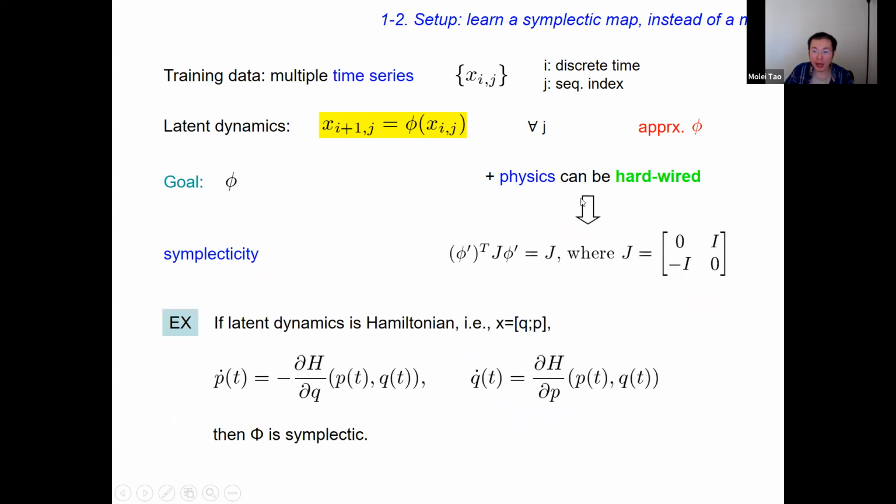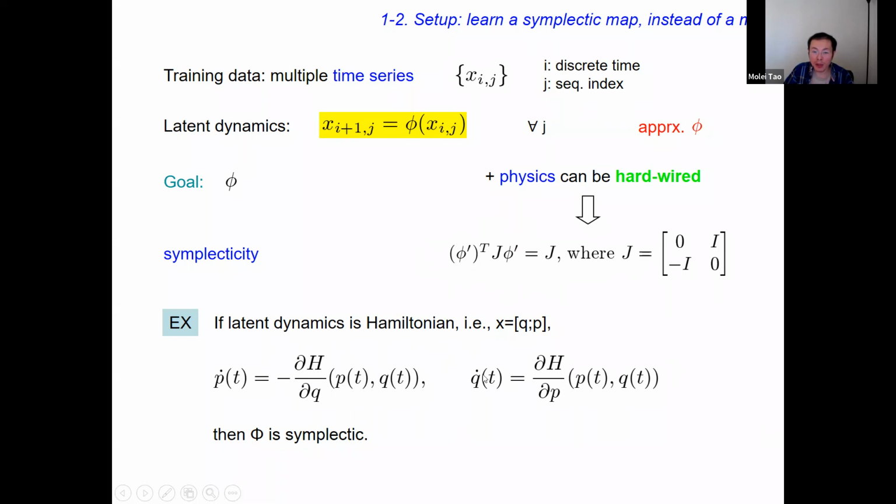And the physics that I was referring to is, in this case, symplecticity, which is basically requiring this map phi to have a Jacobian satisfying some nonlinear equation. And you may think this to be something out of nowhere. But in fact, if the latent dynamics is Hamiltonian, then it's guaranteed that the true phi is going to be symplectic, satisfying this condition.